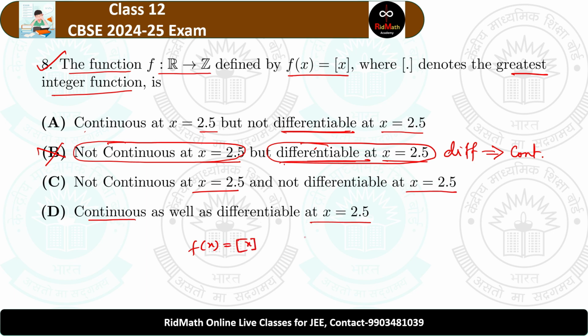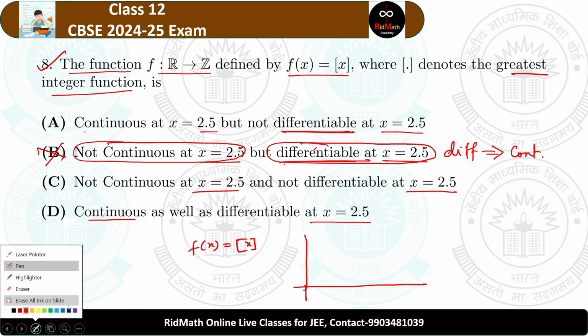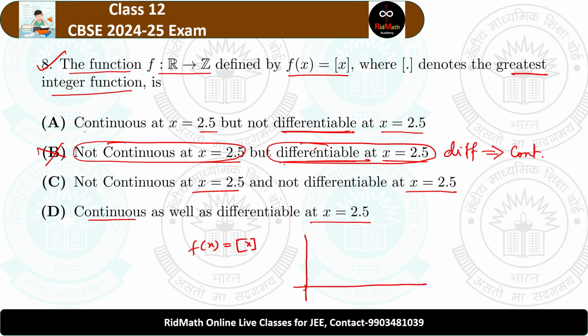Now the graph of this function looks like this. This is 0, this is 1, this is 2 and this is 3. From 0 to 1, the value is 0, from 1 to 2 it is 1, from 2 to 3 it is 2, and from 3 to 4 it is 3.